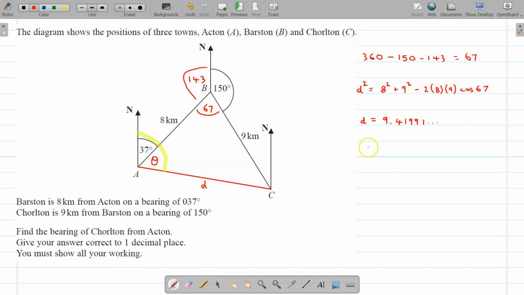So using that value of d, I can now apply the sine rule. I'm going to put d is approximately equal to 9.42.